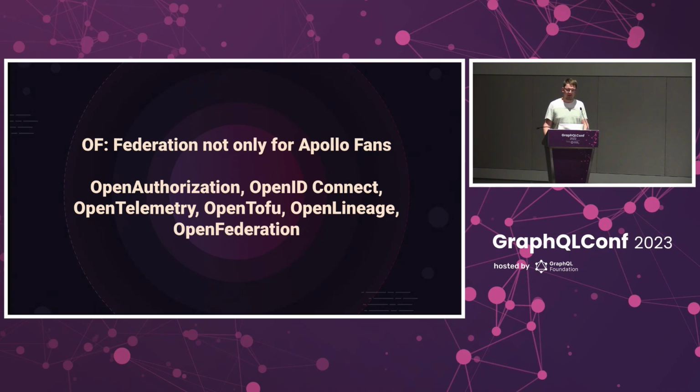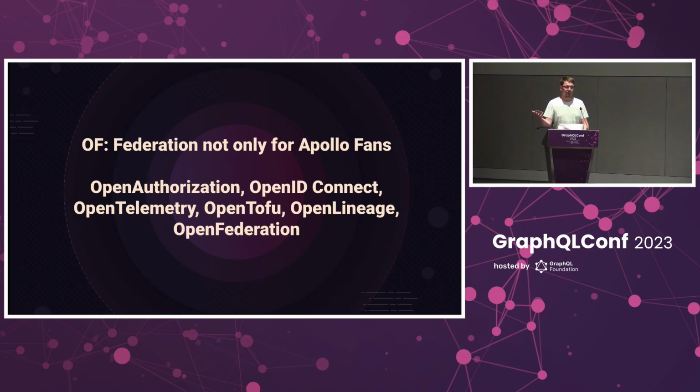And so the idea behind open federation is not to go against Apollo or anything. The idea here is to document and create examples and a test suite that can test a router so that, at the end of the day, we write down the spec and then you can create an issue and tell me, Jens, you wrote the spec wrong. You understood this wrong. We can fix the spec. We can fix the test suite. And we can actually say, here's a router that implements this spec.